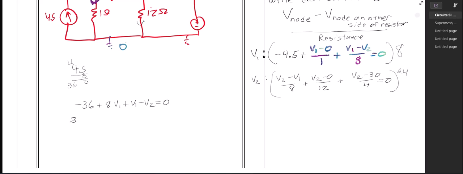So I get 3V2 minus 3V1 plus 2V2 plus 6V2 minus 180 equals 0. So this first equation becomes 7V1 minus V2 equals 36. And the second equation becomes minus 3V1, 3 plus 2 is 5, plus 6 is 11, plus 11V2 equals 180.